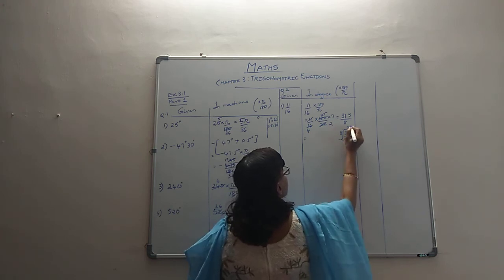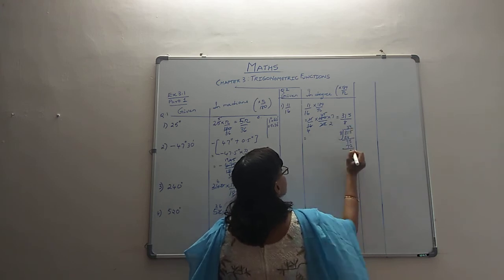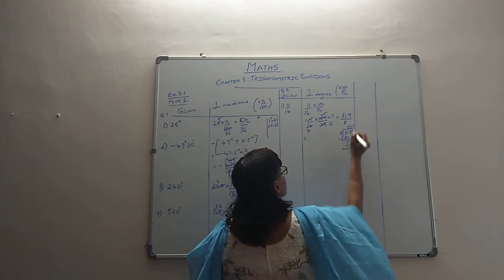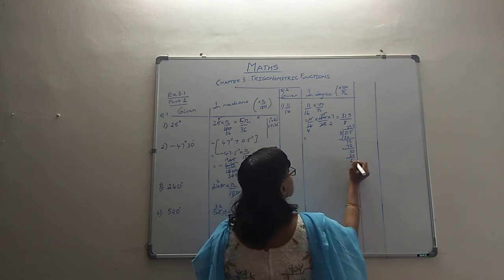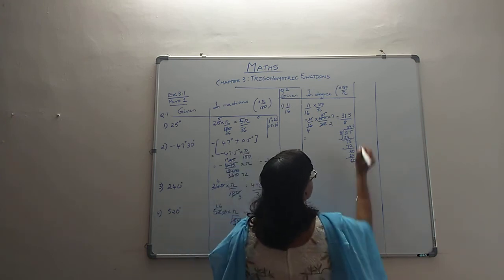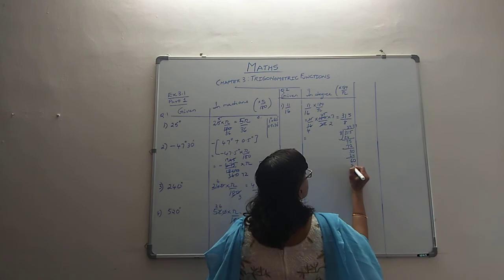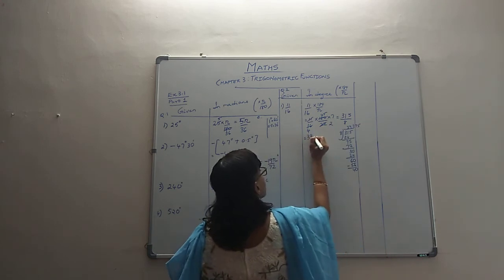So 75, 8 9s are 72, 3, then we have 30. So again 3 times 8 is 24, we have again 6 left. So we have 60. 8 7s are 56, and then we have 4 because of the decimal.